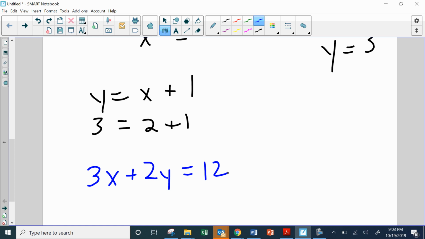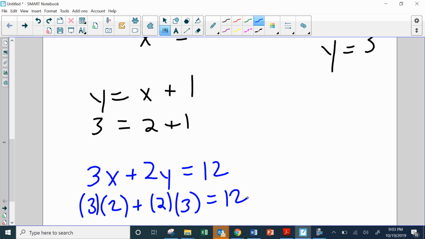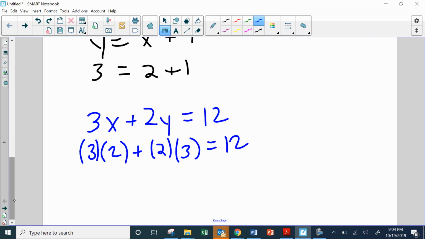So I say 3 times 2 plus 2 times 3 better equal 12. So if I solve it out, that will be 6 plus 6 equals 12. Is that correct? Yes. 6 plus 6 equals 12, which means 12 equals 12.